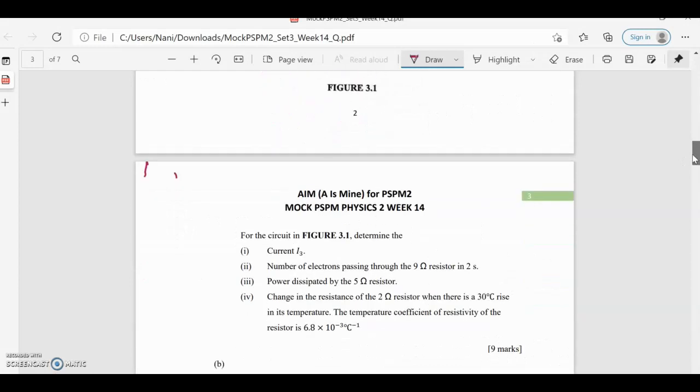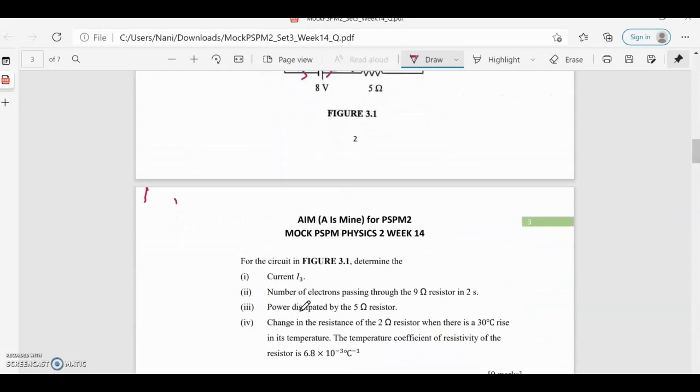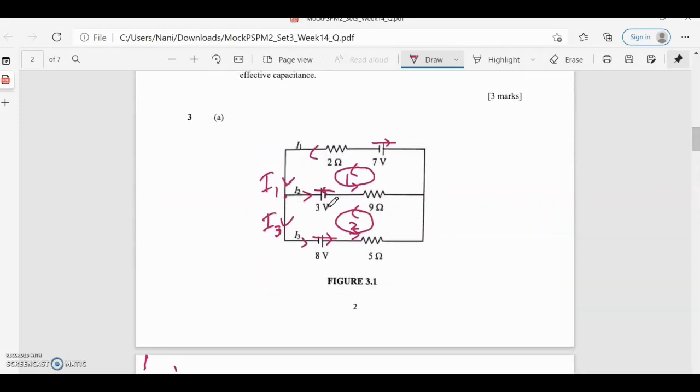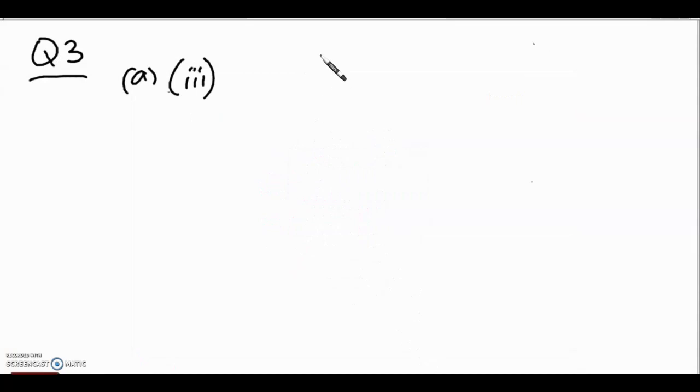And then for question 3A3, calculate the power dissipated by the 5 ohm resistor. Okay, we have calculated that the current through the 5 ohm resistor is I3. Previously we know that the current I3 equals 0.425 ampere.